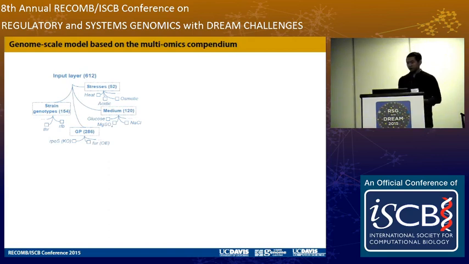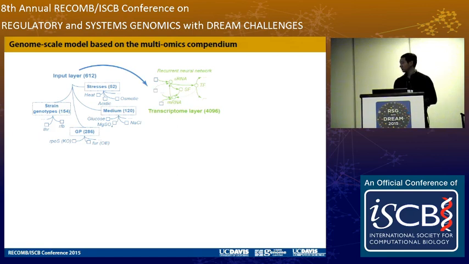So once we build this research, how are we going to build the model? We start from the input layer that has more than 6 features that consist of strain genotypes, genetic perturbation, stresses exposed, and chemical composition of medium. Once we characterize the input layer, this information goes into the transcriptome layer that predicts transcription expression levels on genome scale using a recurrent neural network.